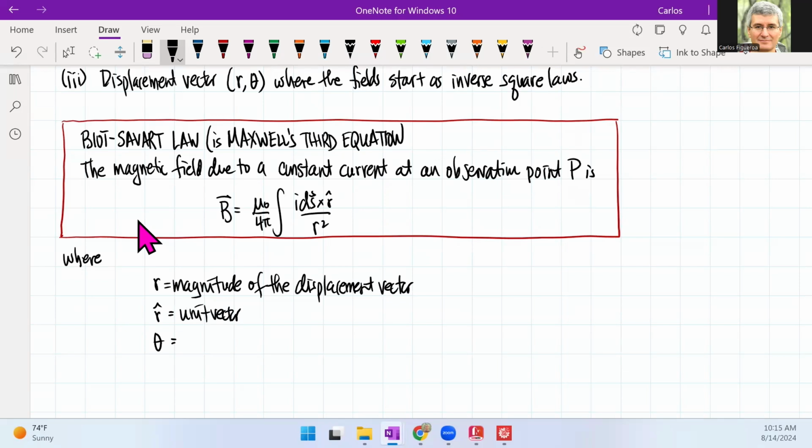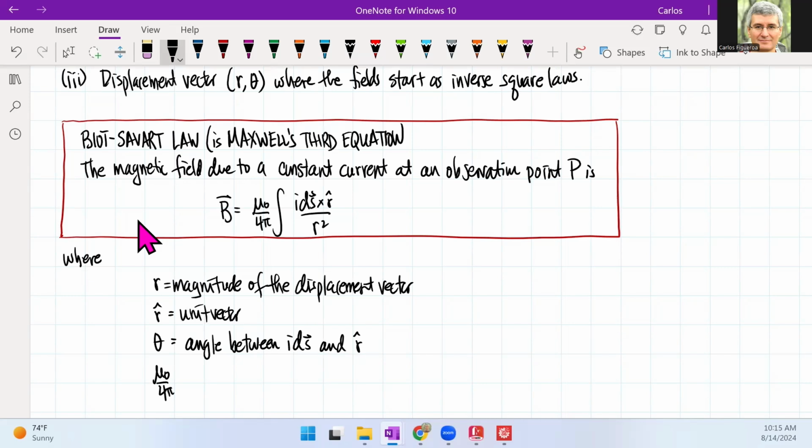And this here is the angle between I ds and r hat. And then we have this strength constant.